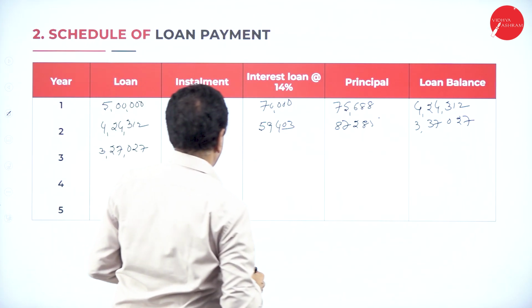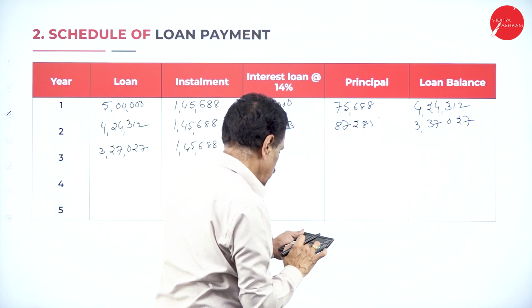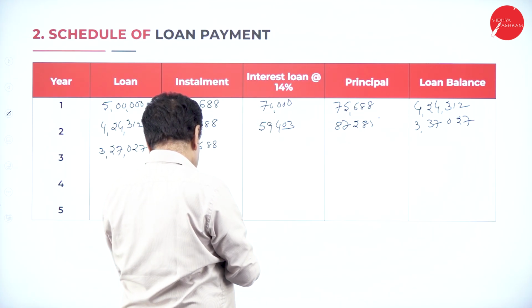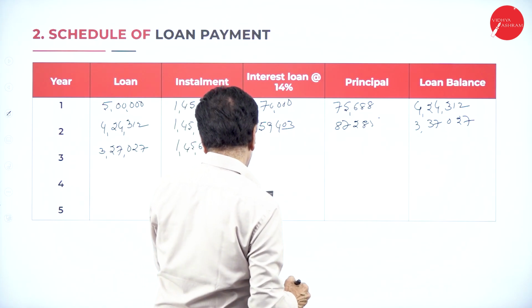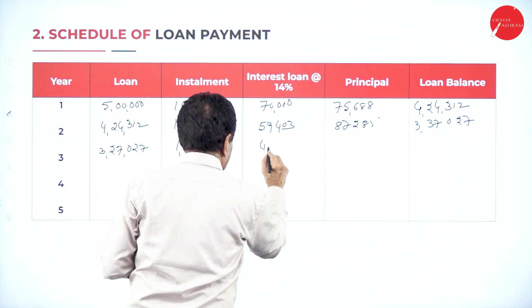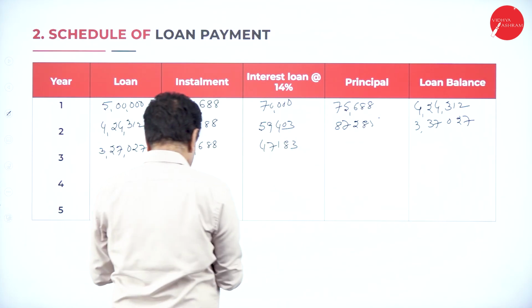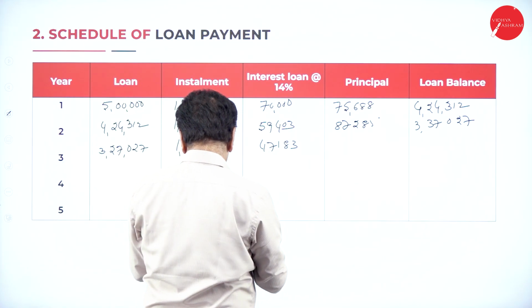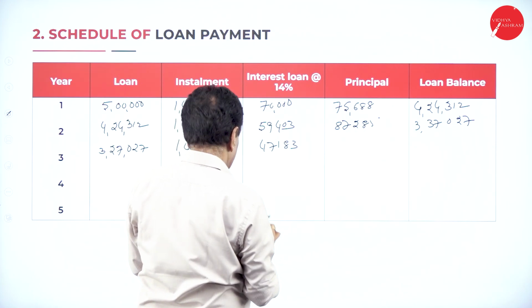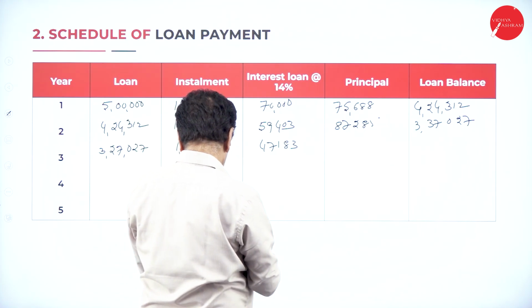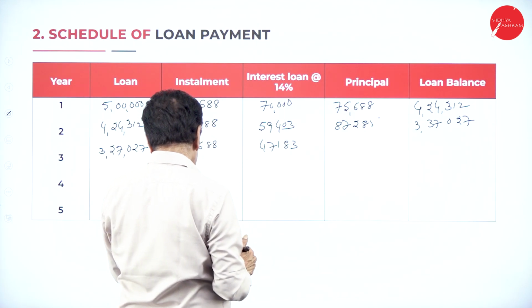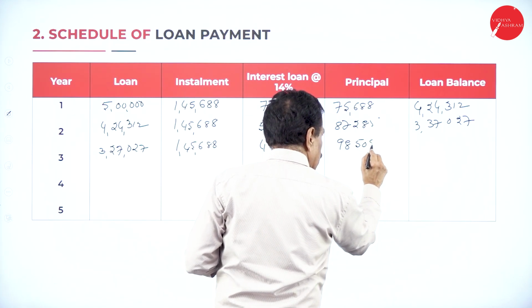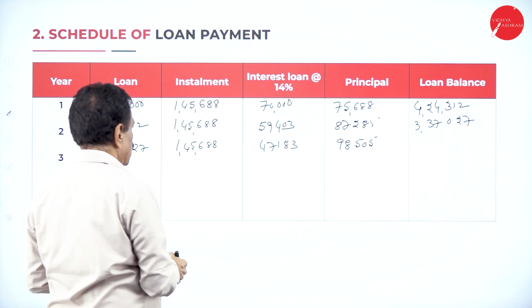Now, interest on this 3 lakh 37,027 into 14 divided by 100 is 47,183. Deduct: 1 lakh 45,688 minus 47,183 is 98,505.